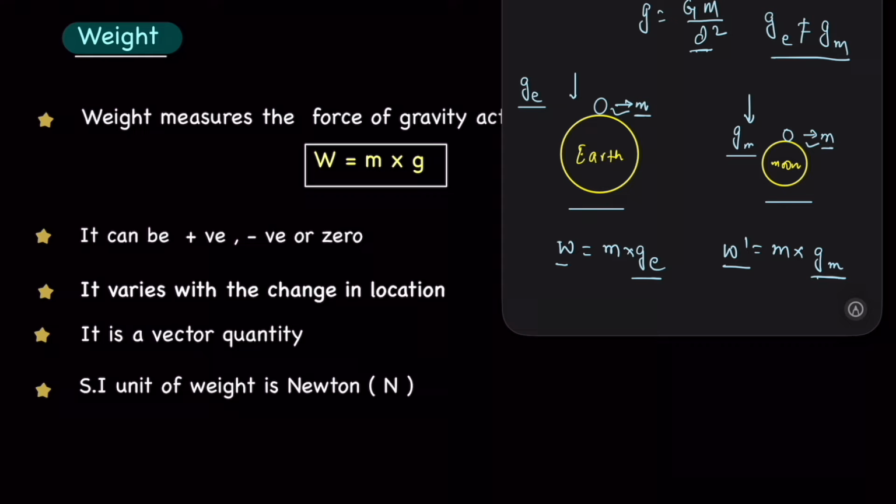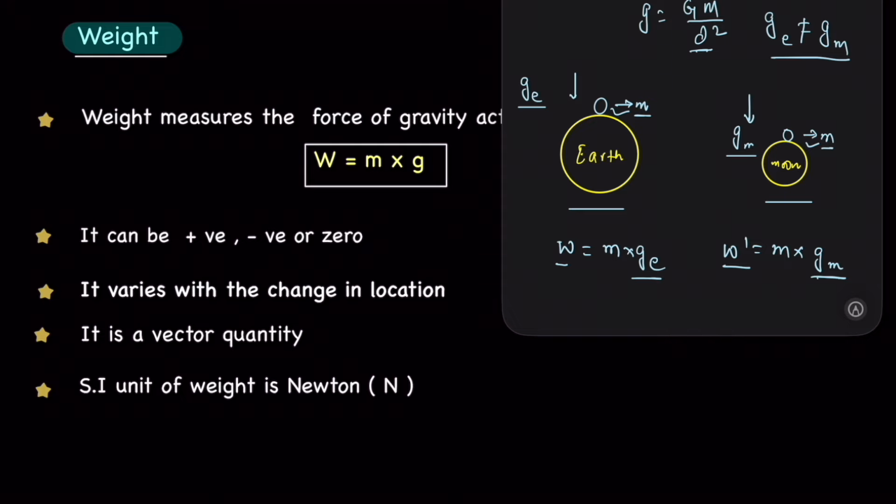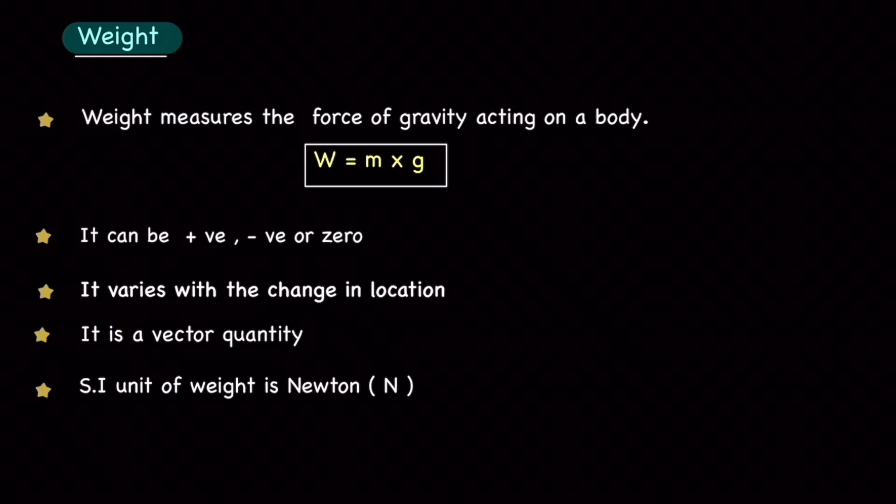Based on this, weight will vary from location to location. I will also explain later how acceleration due to gravity on earth and moon varies. Next, the SI unit of weight is Newton. We know that weight is a force, and the SI unit of force is Newton.